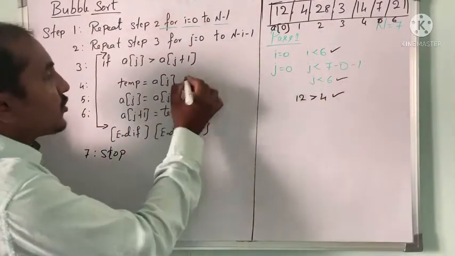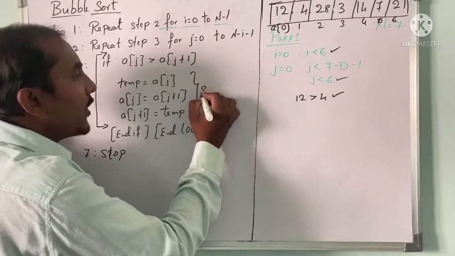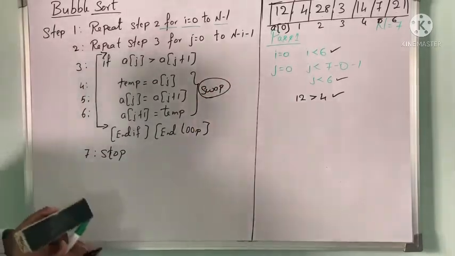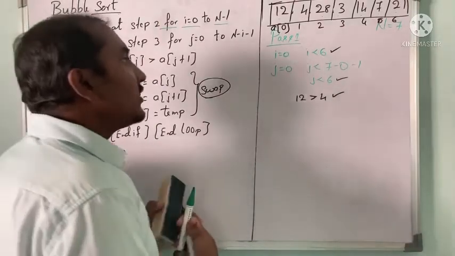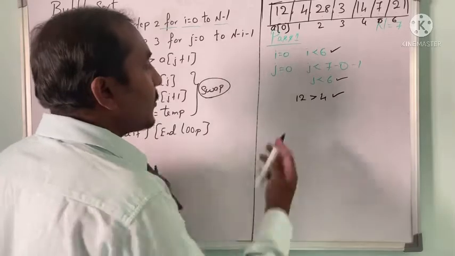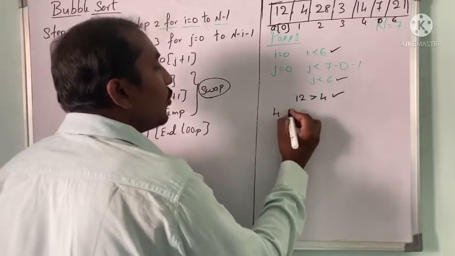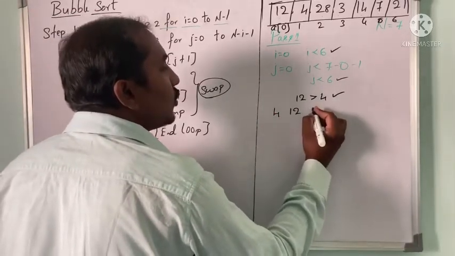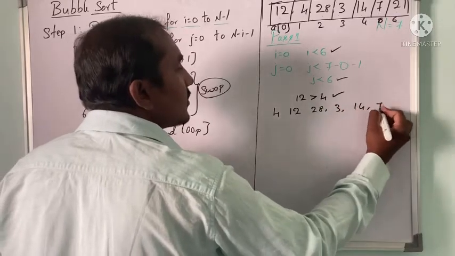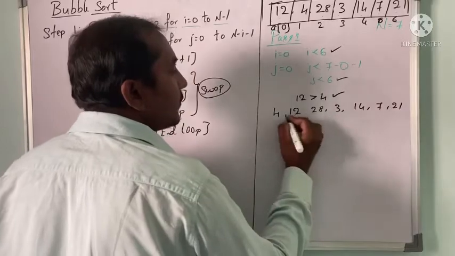If this condition is true, what will these statements do? They will swap the elements. We are going to interchange these two values. If we interchange those two values, I get the result as 4, 12, 28, 3, 14, 7 and 21.